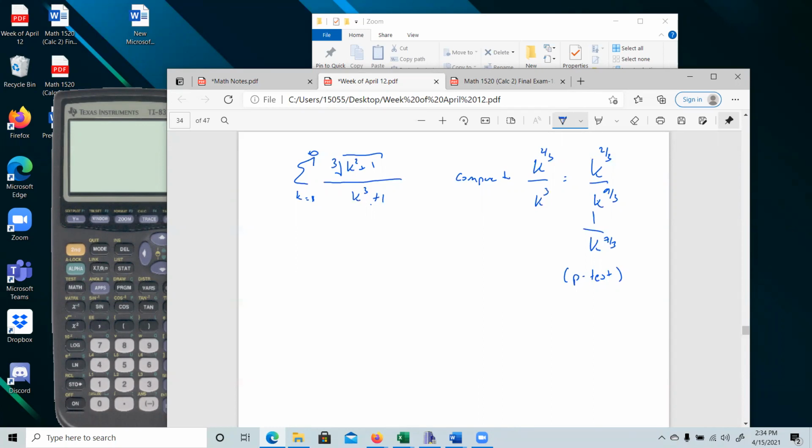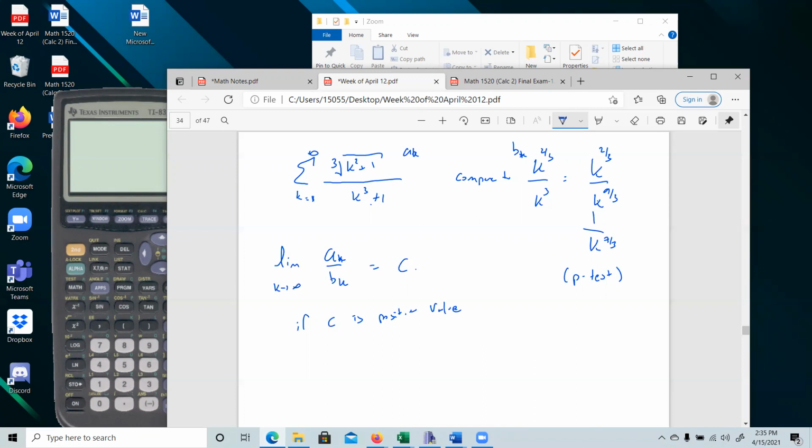Now we're going to get the limit as k goes to infinity of a_k over b_k, and if this is equal to c, a positive finite value, not infinity, then it doesn't mean they converge.